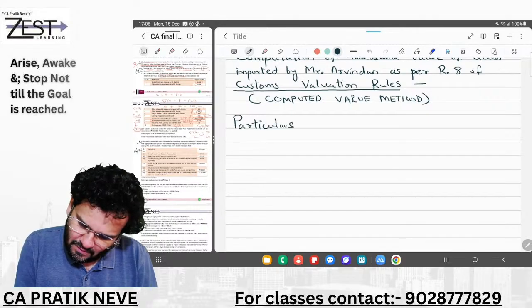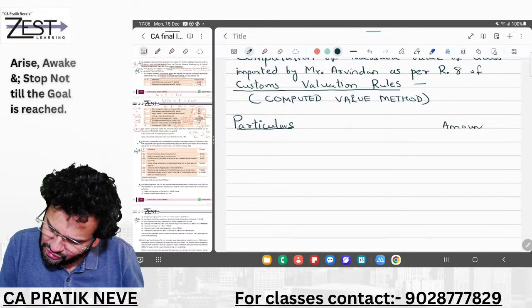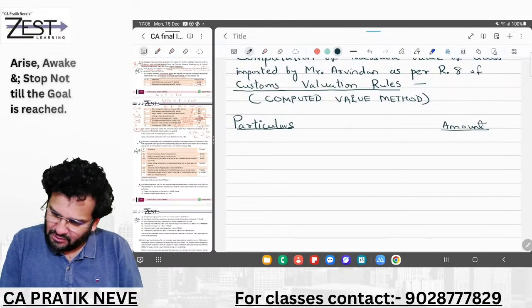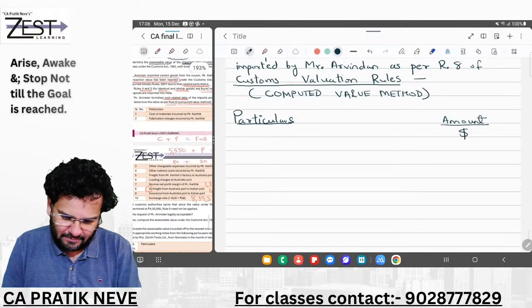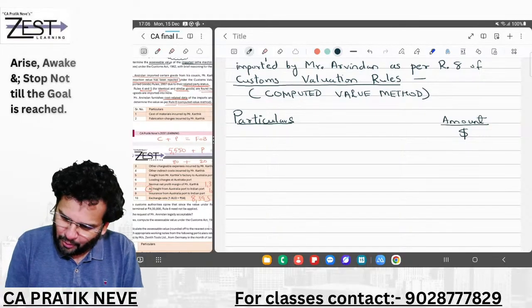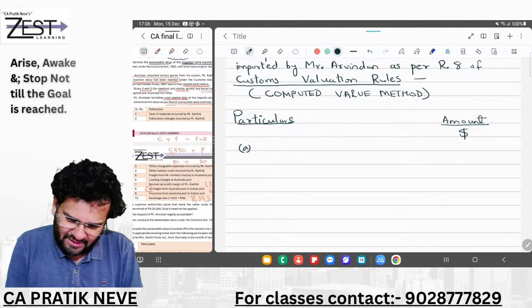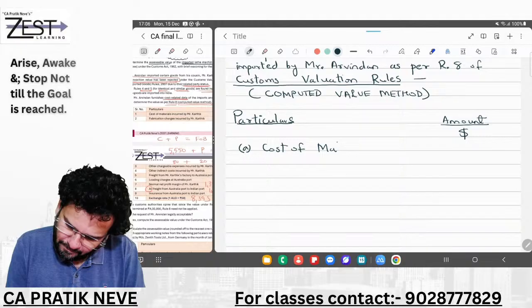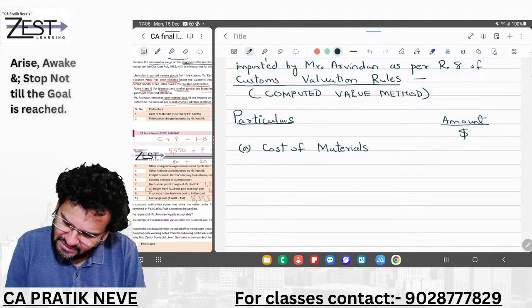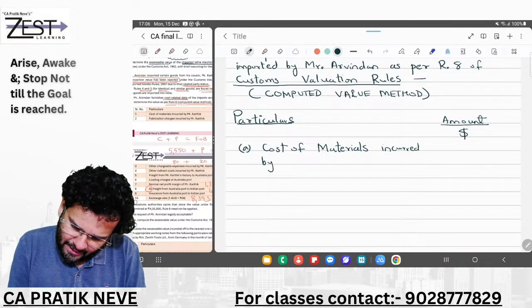Particulars and amount. In amount, first you are going to operate in dollars, so first just put dollars and then start. A point, cost of materials incurred by exporter.